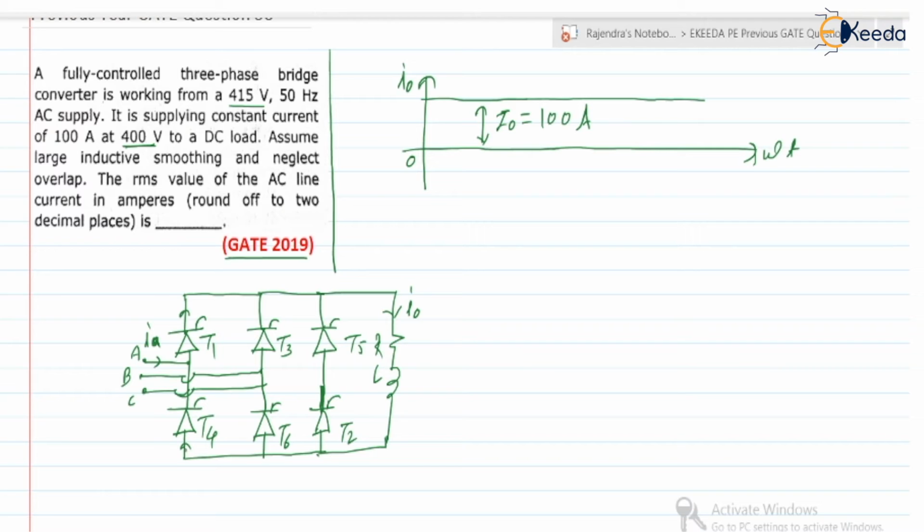So if you recall the circuit operation, thyristor T1 will be in the on state for 120 degree and thyristor T4 is also in the on state for 120 degree. So if we draw the waveform for the current IA, either thyristor T1 is in the on state or thyristor T4 is in the on state.